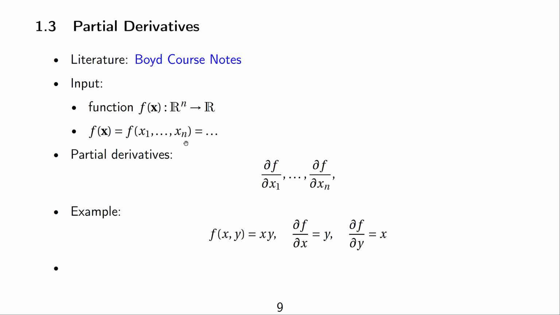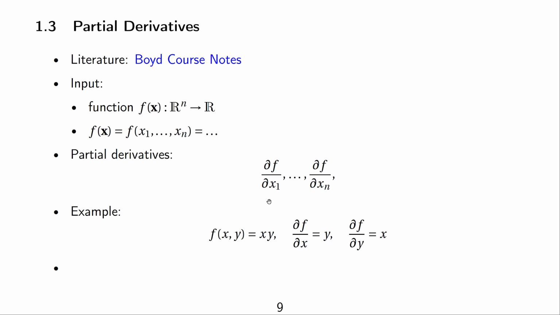Again, we have all these input variables and one output, and then we would expect that the output depends a lot more on some of the input variables than others, and for the variables where the output changes more, we would expect the partial derivatives to be larger, or at least larger in magnitude.